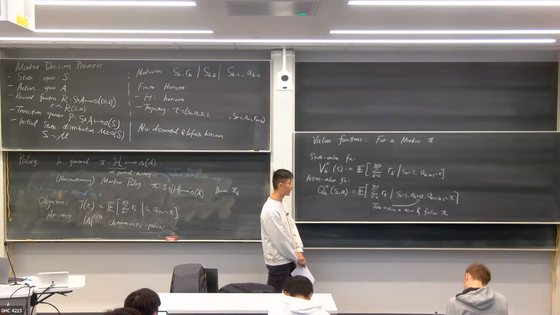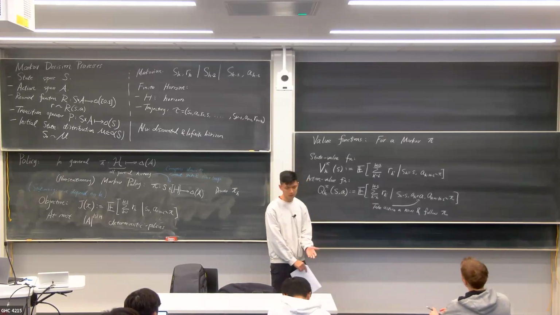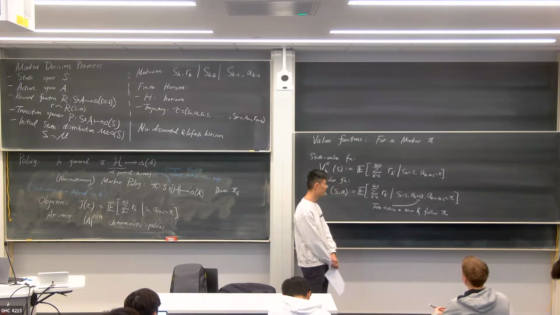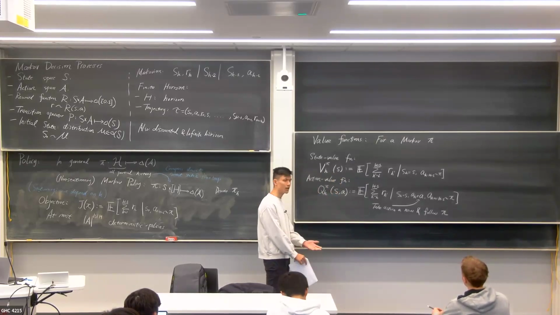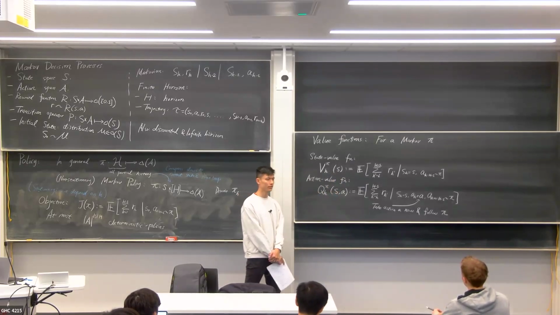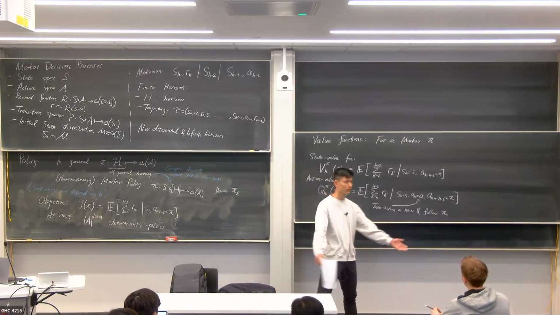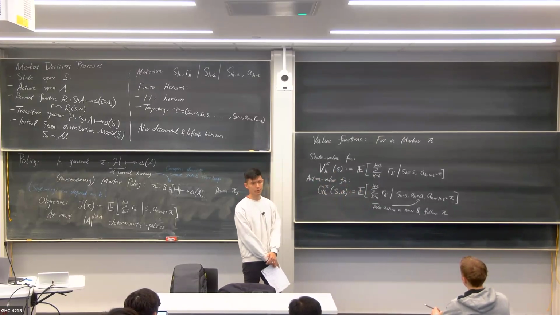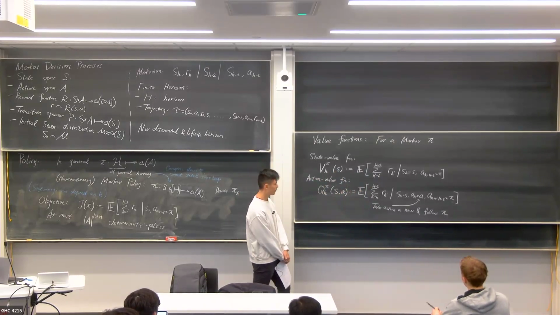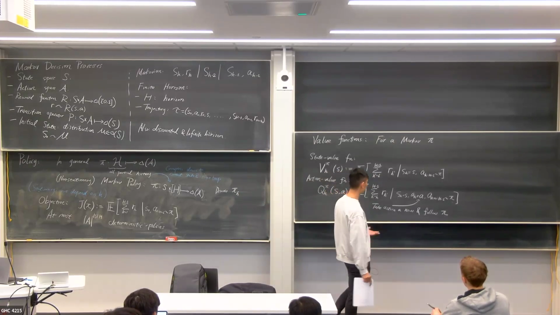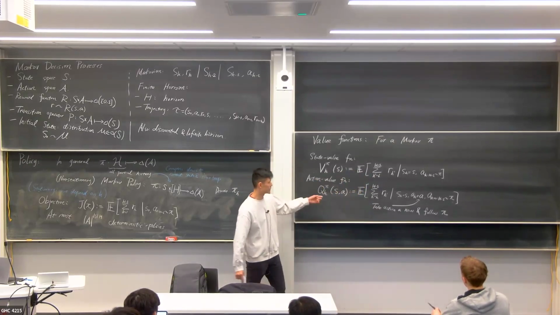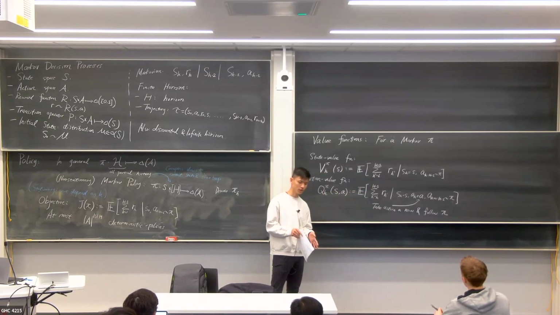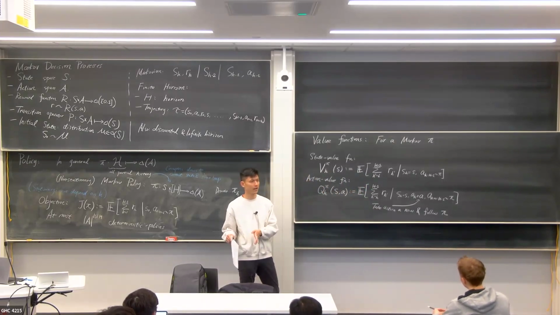So maybe a different way to answer your question: the idea of Bellman, or the idea of dynamic programming. Okay, what's the philosophy behind this? So life is hard. We're making sequential decisions over a long time horizon. The usual advice you get is focus on right now. And the way you get to focus on right now is to decompose the decision of the current step from whatever you might get later.